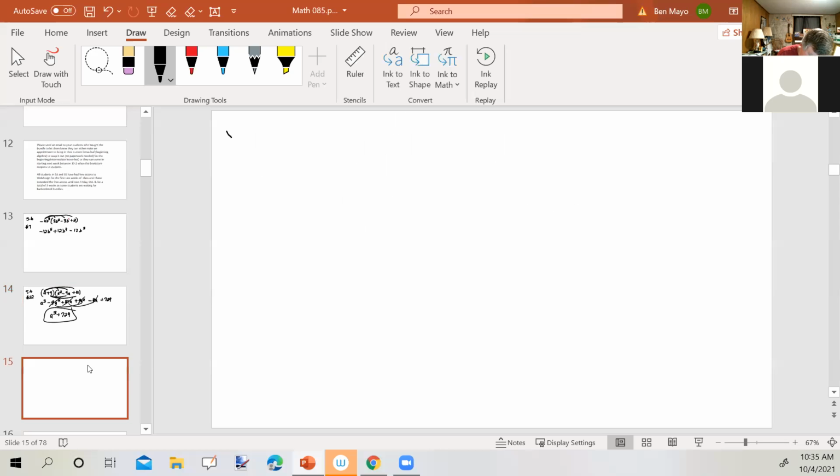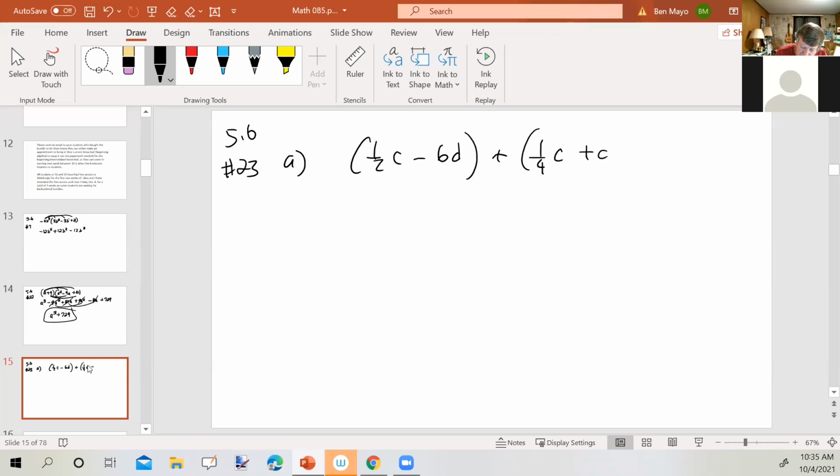Okay. This is 5.6, number 23, part A. And we have 1/2 C minus 6D plus the quantity 1/4 C plus D. Okay, here we are adding or subtracting.